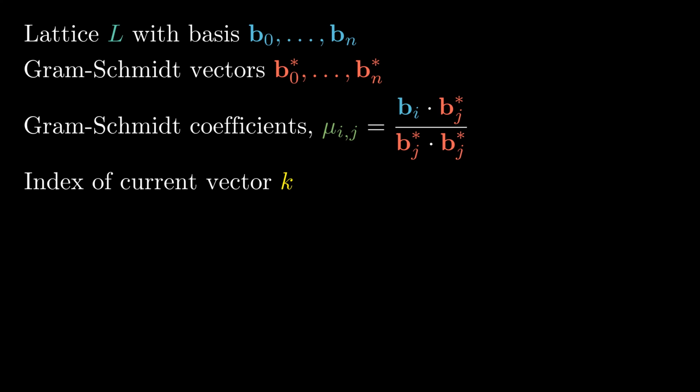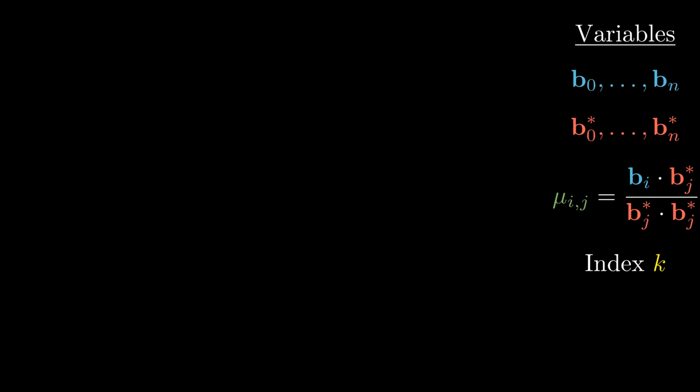As I said before, we take our input basis and gradually augment this until we get our desired basis. We do this by building up a provisional basis element by element, and the number k is such that any index less than k is part of our provisional basis. If we looked at the index k plus 1, this is not yet part of our provisional basis. We have now established all of the variables that we need to keep track of throughout this process.